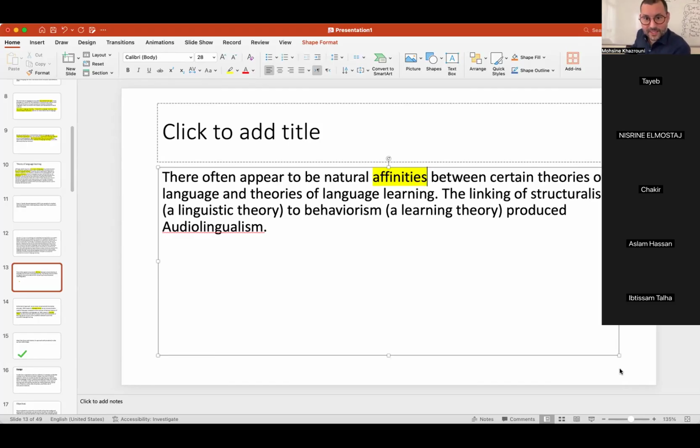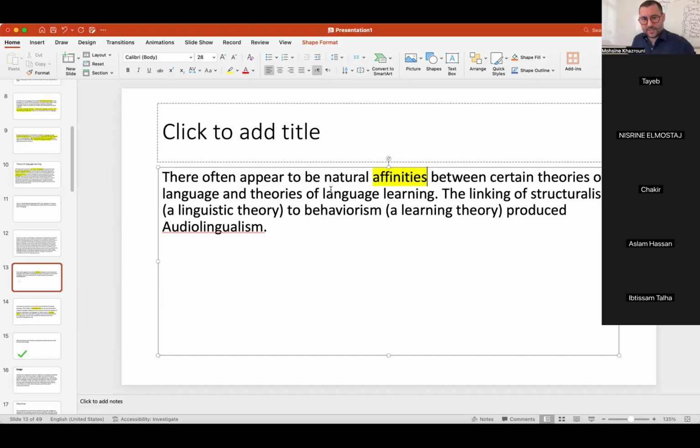Affinity, yeah, affinity. In this course, in this context, I guess it might refer to natural connections, shared interest, for example, or technical concepts. So when we say there is affinity between two things, what are they?